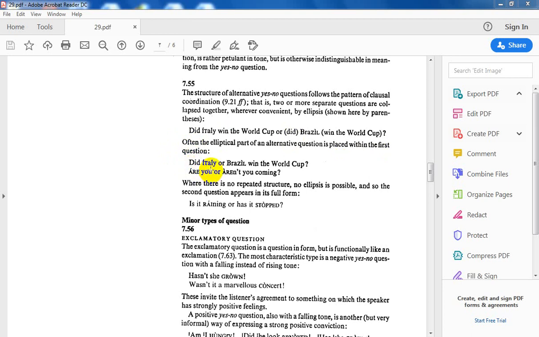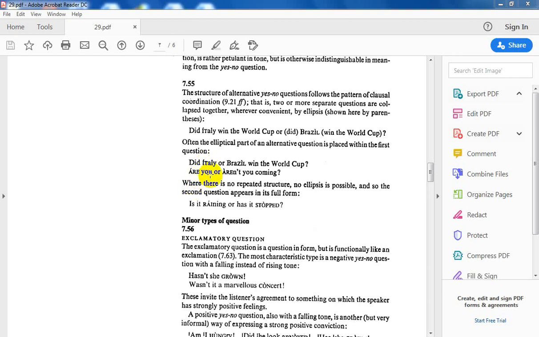Did Italy or Brazil win the World Cup? Now I will understand that the alternative is whether Brazil won the World Cup or Italy did.